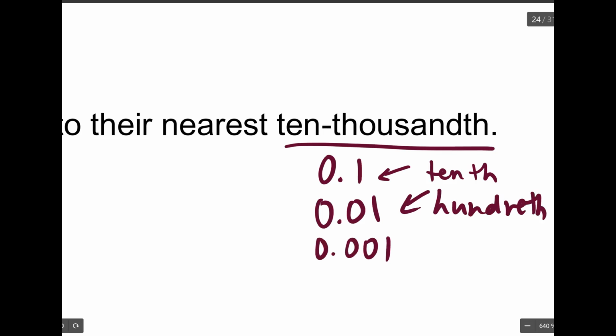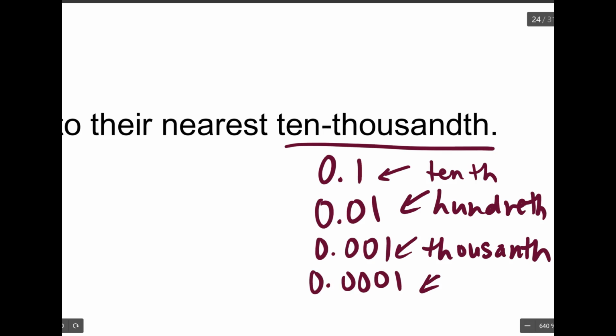What about that? 1000th. I don't know if that's how you spell 1000th. Whatever, you understand what I mean. And then here, this would be 10,000th place. So I literally want, how many decimal places after the period? How many places? 4. 4.